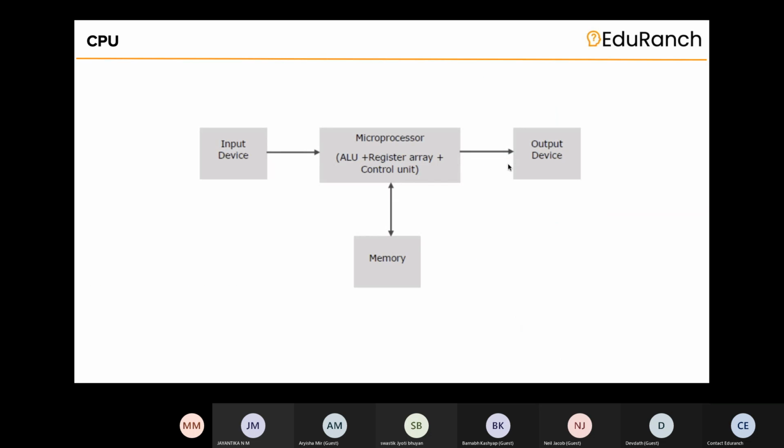Now let's do a deep dive into the CPU. So we have seen the CPU has an input, it has an output, it has storage, and there is a microprocessor. How many of you have heard the name microprocessor?